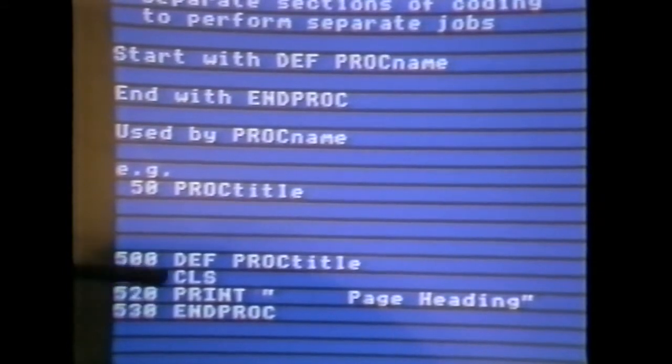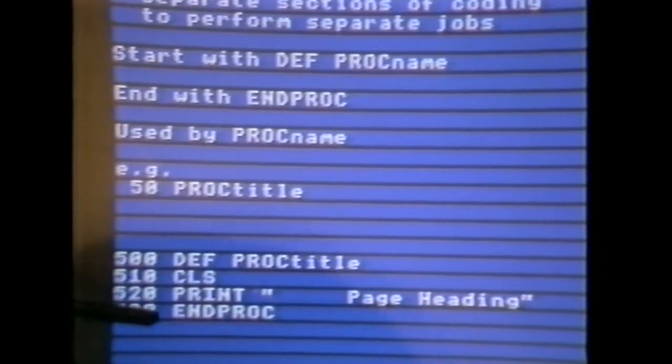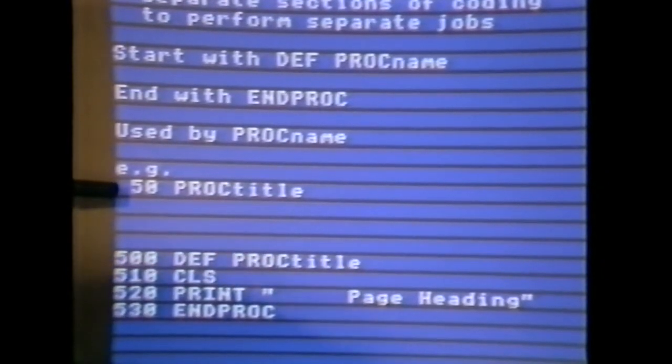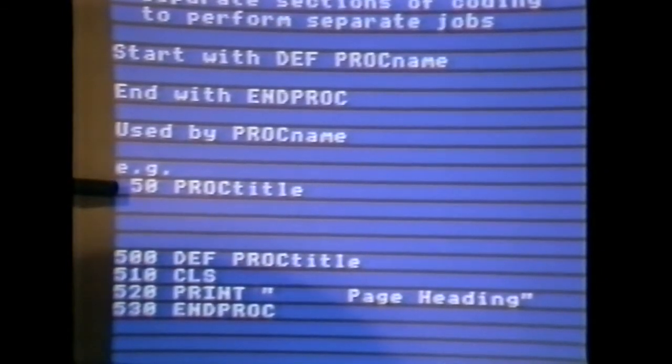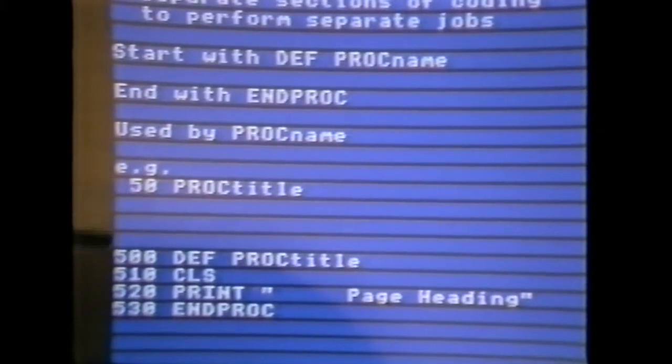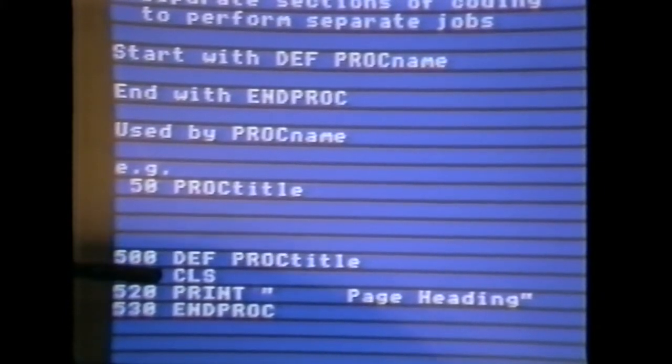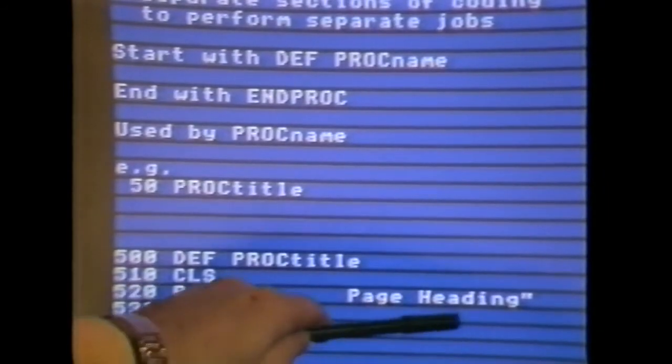The 2 lines of coding within that procedure are the work that's to be done whenever we use the line PROC title. In this case, we have 2 BASIC statements, CLS, which clears the screen, and a PRINT statement, which prints out the 2 words, page heading. Once we've defined that procedure, we can use it from anywhere we like in the program.